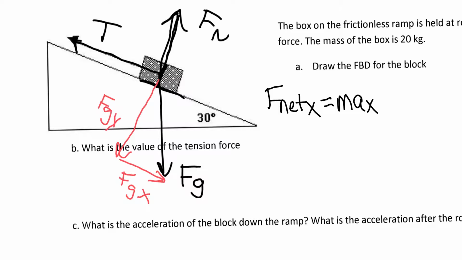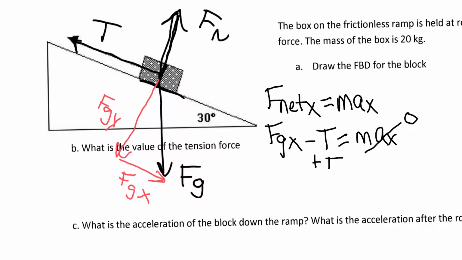So I'd say force of gravity in the x minus tension equals max. Now the object is held at rest, so this is 0. So then I could add tension to both sides, and I'm left with force of gravity in the x equals tension.